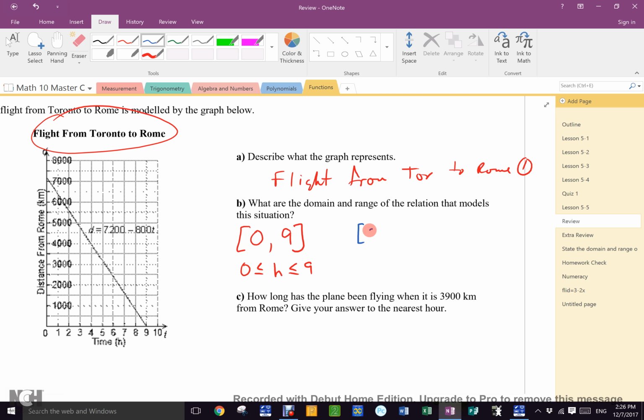I thought it was 7,200, but yeah. And how else could I write it? 0. What goes here? This shouldn't have been an H. That should have been a T for time. So what would go here? D for distance, 7,200. Cool? For 1 mark.